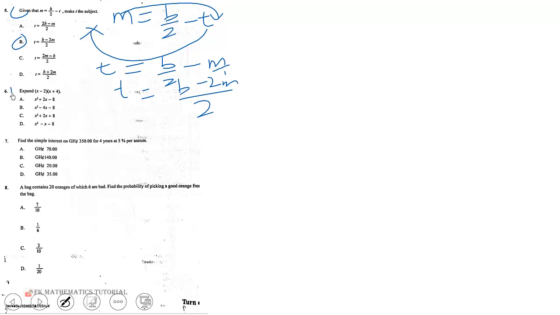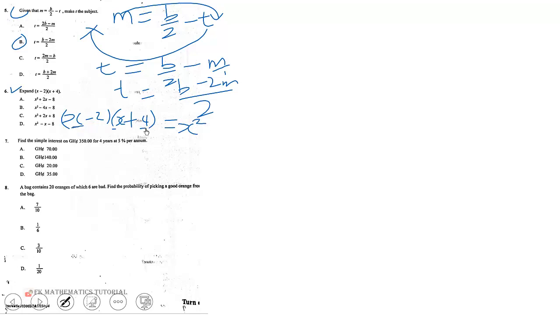Now question number 6. Expand x minus 2 into x plus 4. So we times this by this, you get x squared.